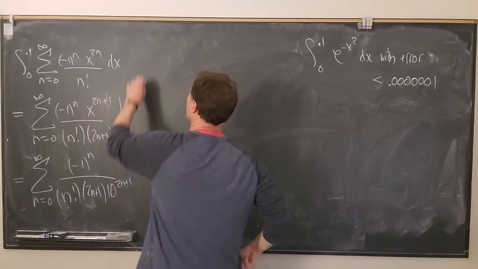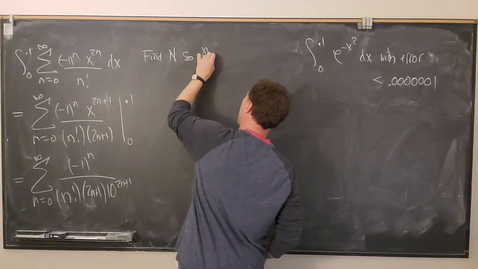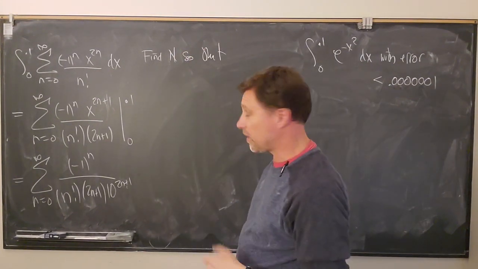So let's find n, so that, remember we're doing alternating, so you substitute n plus 1.